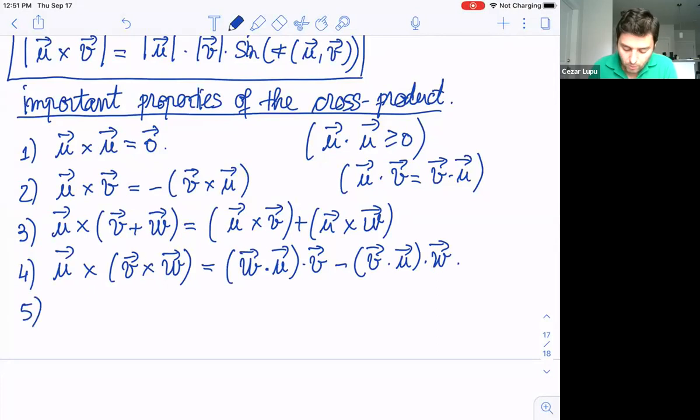And now the fifth one will be very important, what we call the Jacobi identity. U cross V cross W. Oh my God, I'm always with A's.